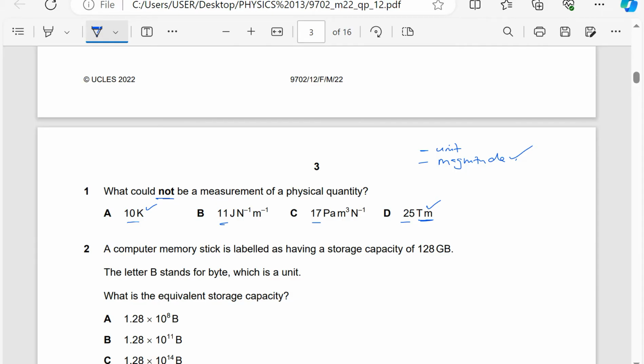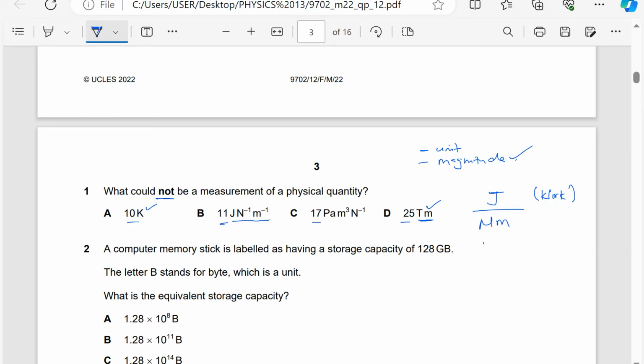I will check if joules per Newton per meter is a unit. Joules divided by Newtons divided by meters. Joules is a unit of work, and work done is force times distance, with force in newtons and distance in meters.